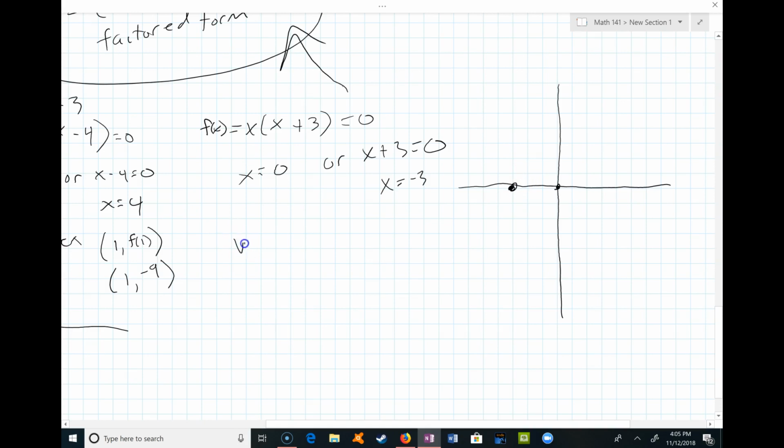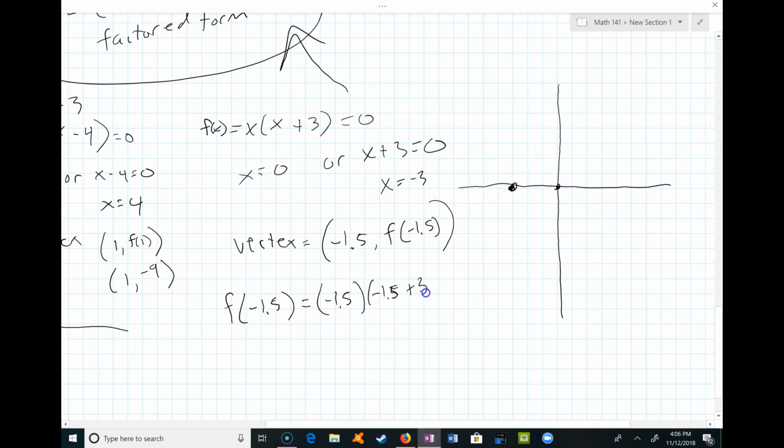So then we know that the vertex has to be located halfway in between those 2 points. Halfway between those 2 points would be negative 1.5. That's halfway between 0 and negative 3. And then, of course, the y value would just be the function evaluated at negative 1.5. So we go back up here and say, okay, f of negative 1.5 would be equal to negative 1.5 times x, times negative 1.5 plus 3.